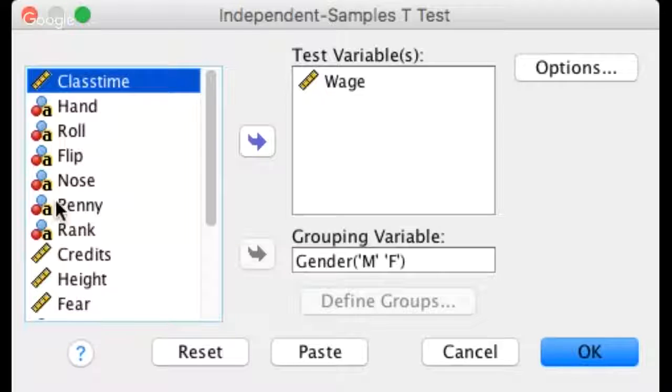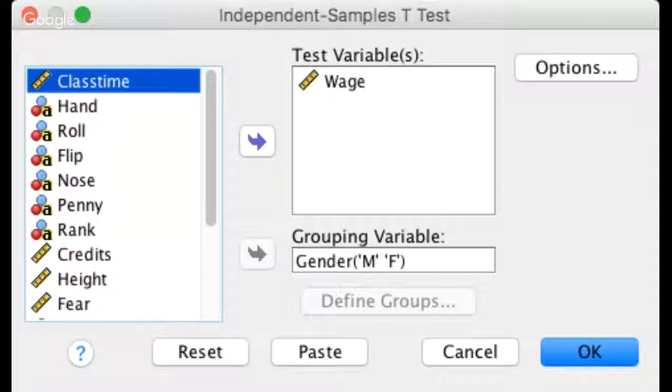Does yours look like this down here, gender with the parentheses, male, female, and the grouping variable? Yeah, that's how it looks.